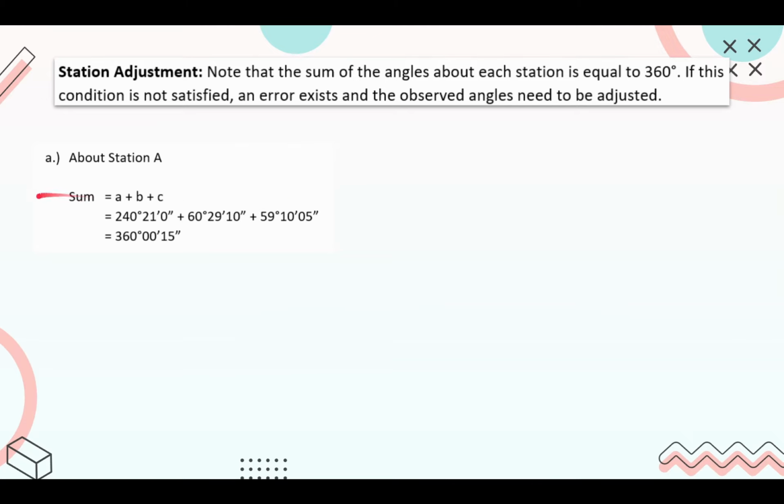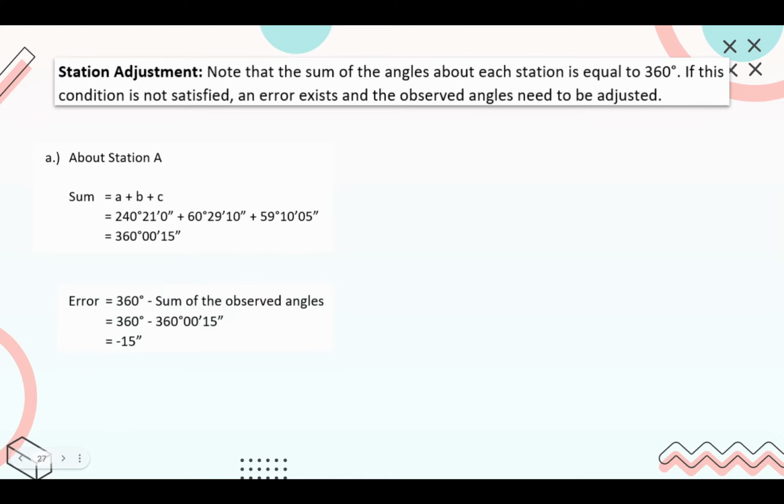To solve for the sum, we simply add the observed values of angles A, B, and C. Now we have 360 degrees, 0 minutes, and 15 seconds as the sum. We will now proceed with solving for the error.